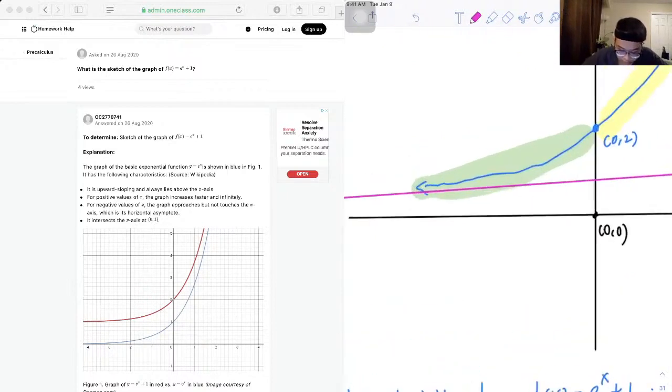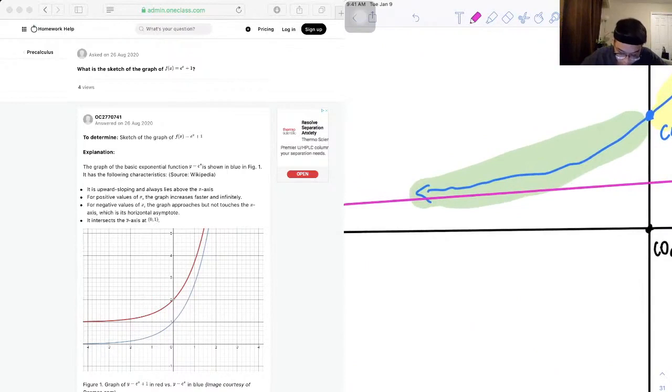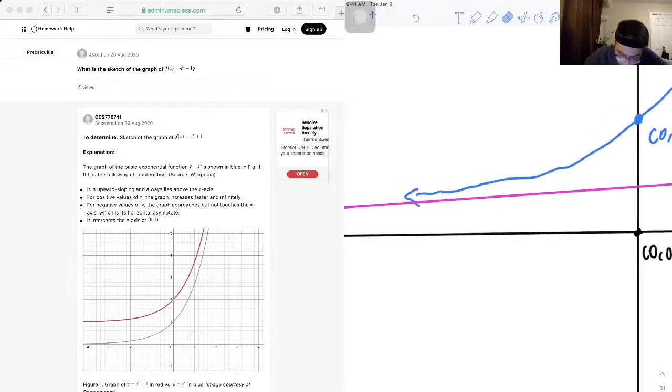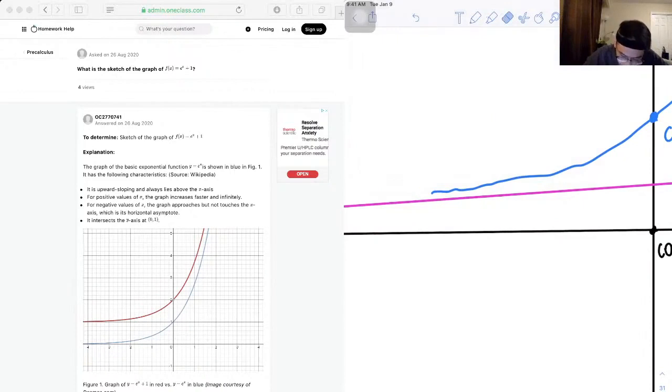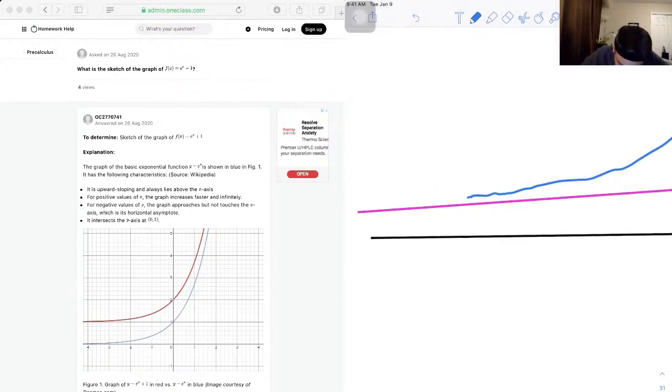And it will approach y is equal to 1. Oops. Yeah. Let me change the color. So it will infinitely approach the pink one, which is our asymptote, but never cross it or say touch it. Right.